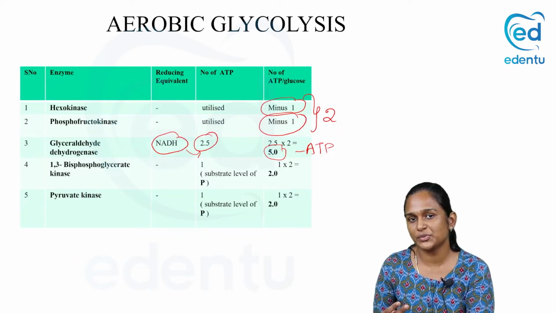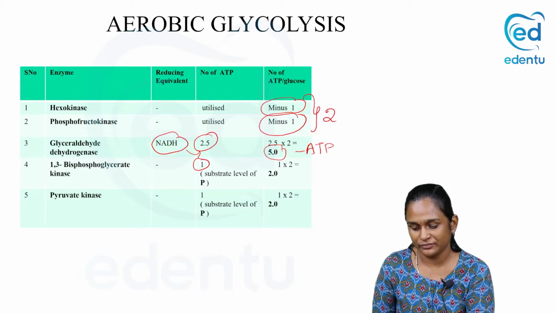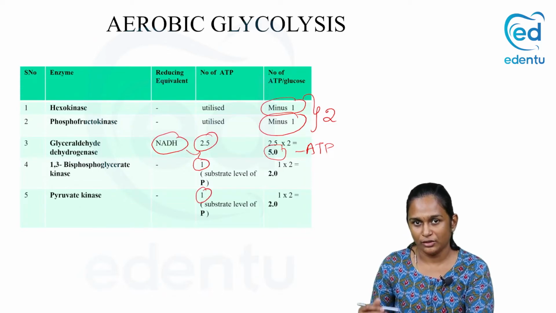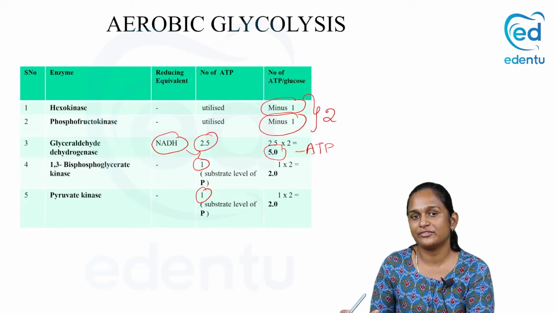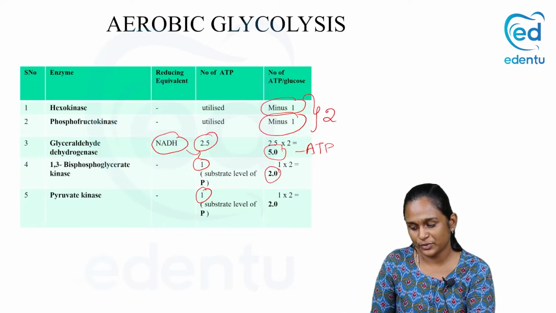And we have seen 2 substrate level phosphorylations: 1,3-bisphosphoglycerate kinase, in which we have synthesized one, and the other one is pyruvate kinase, in which we have synthesized one. So 2 molecules of glyceraldehyde 3-phosphate will undergo the energy generation phase, so 2 ATP is produced in each step. Right?